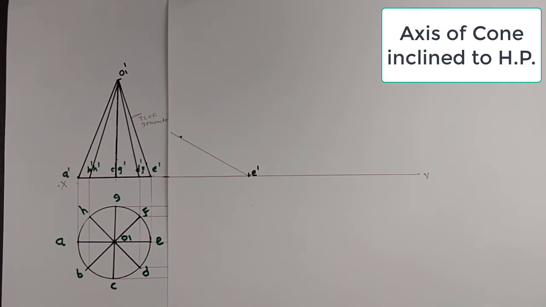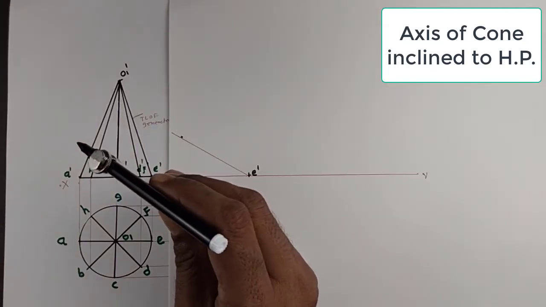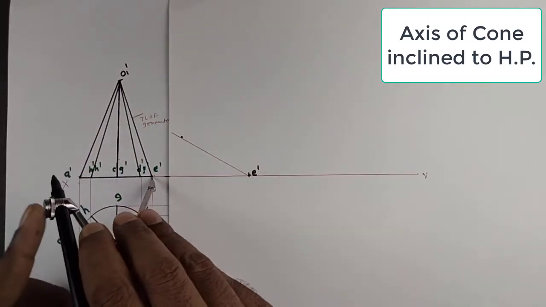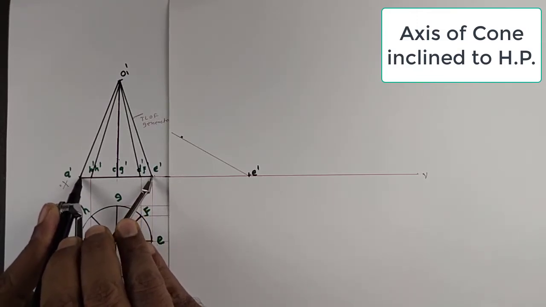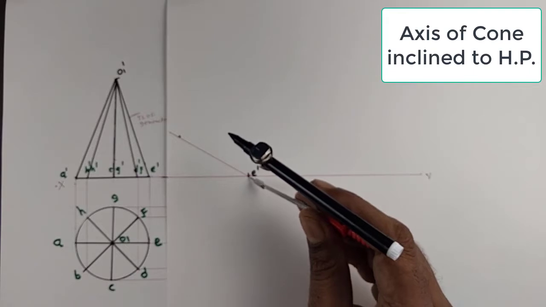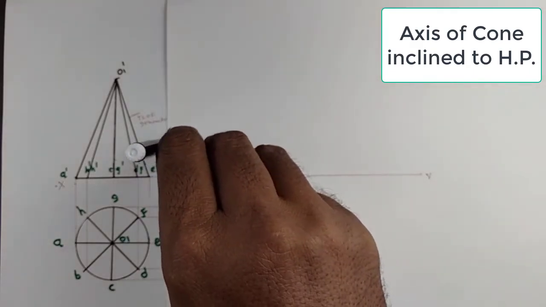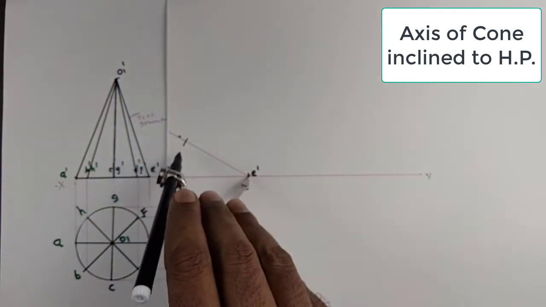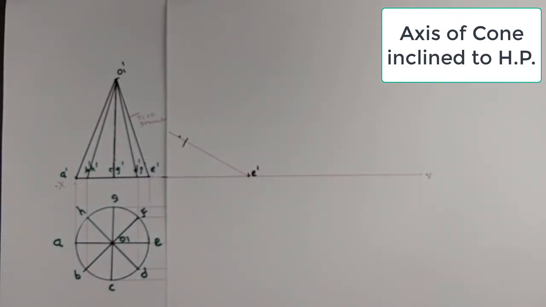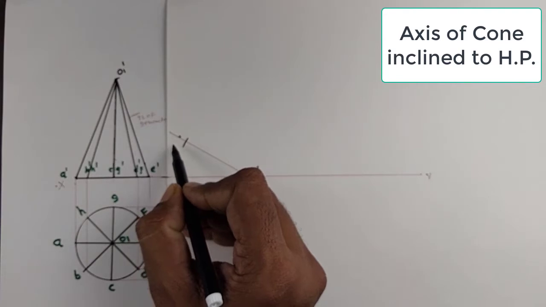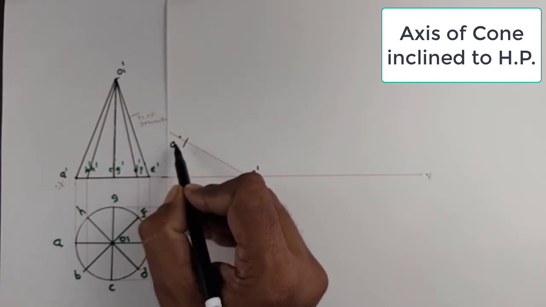On this inclination line, I mark the elevation of the base. So from E dash to A dash, with E dash as center, you can draw the arc, and it is your end point of elevation A dash.